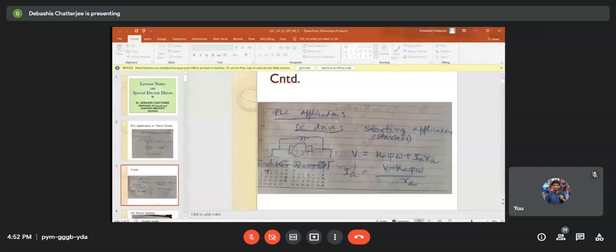Now you see the EMF equation for the DC motor, written here after having applied the KVL in the loop. You will find that V is actually back EMF plus Ia into Ra. Back EMF is nothing but K phi into omega. Omega is the rotational speed of the machine in rad per second, phi is your flux and K is the machine constant. Now from here you get the current expression: Ia equals V minus K phi omega, divided by Ra.